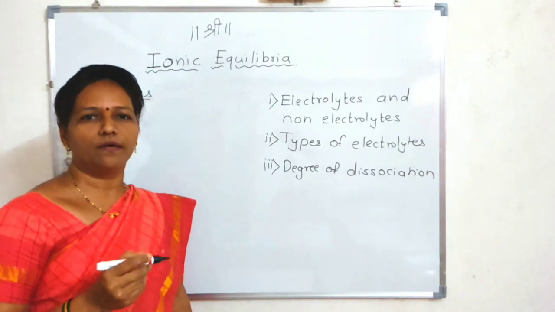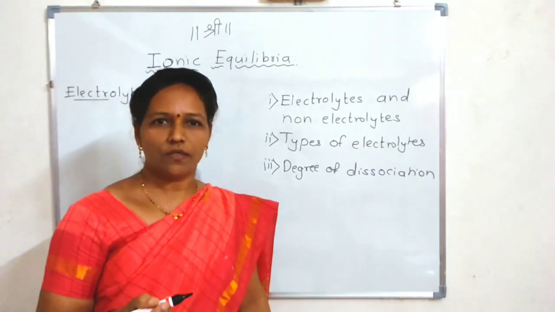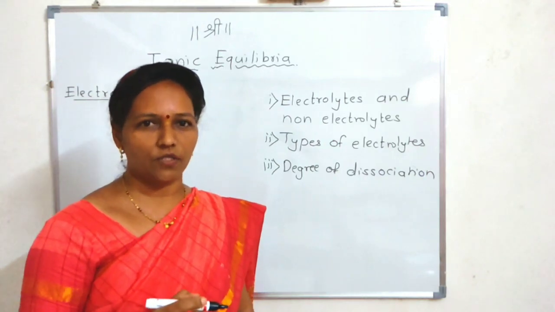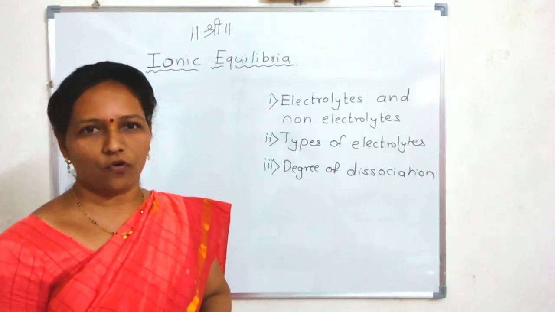Electrolytes are the chemical substances which dissociate or give rise to ions in aqueous solution. These are called electrolytes.